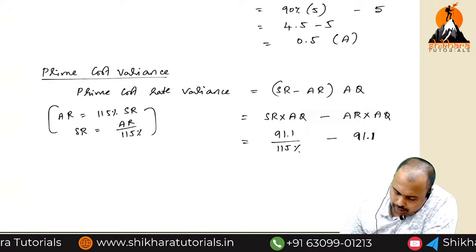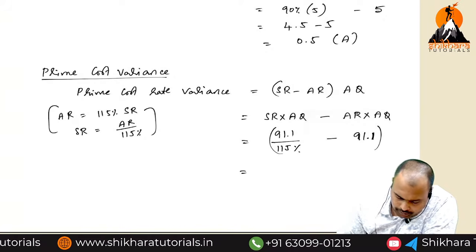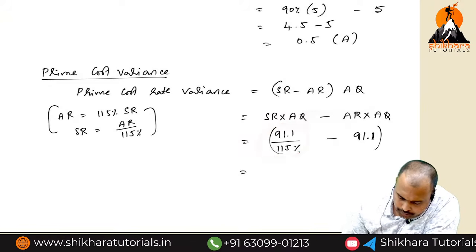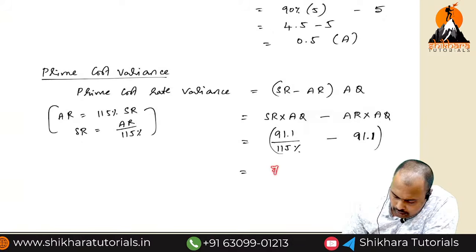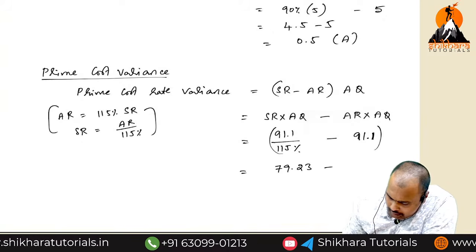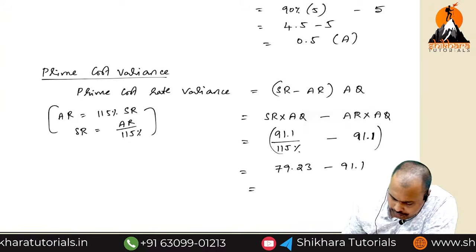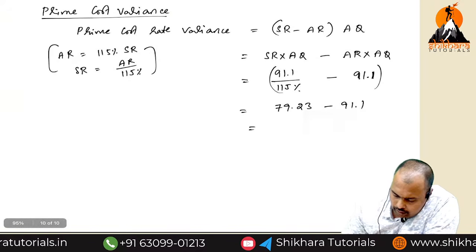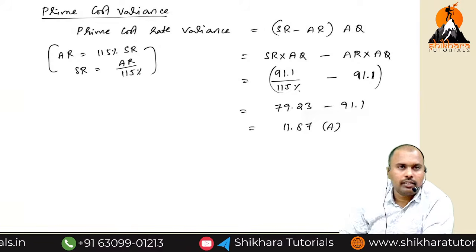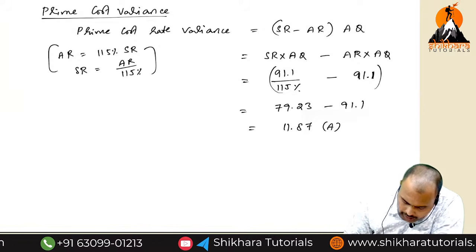So how much it will be? 79.23 minus 91.1, which is 11.87 adverse. Clear.